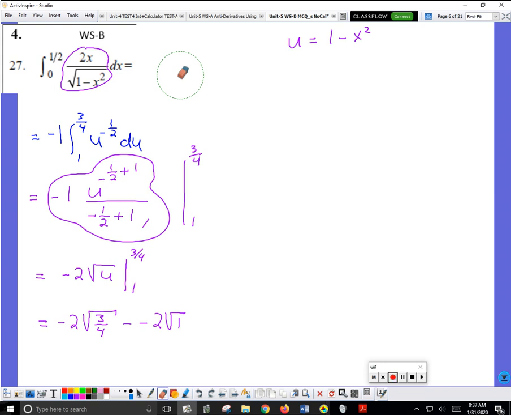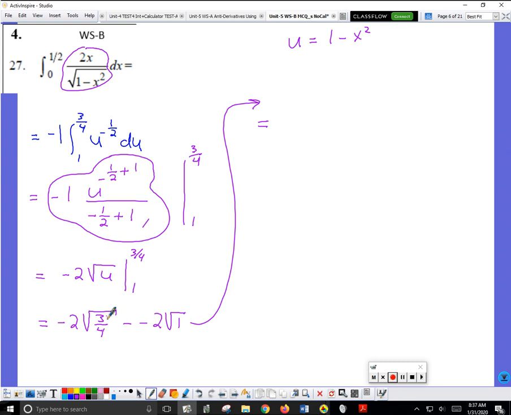So now we have this going on. Okay, look. You're just going to have to memorize. The square root of something divided by something can be split into 2 roots.